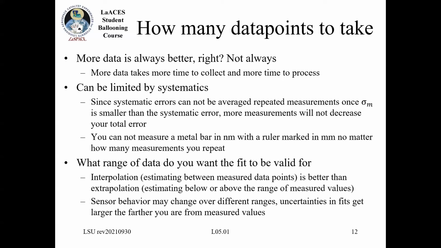Especially, this ties into our early discussion about systematics. Once my averages get within that systematic error, there's no point in trying to take measurements at every quarter of a degree if my thermometer only reads out in single degree increments, right?